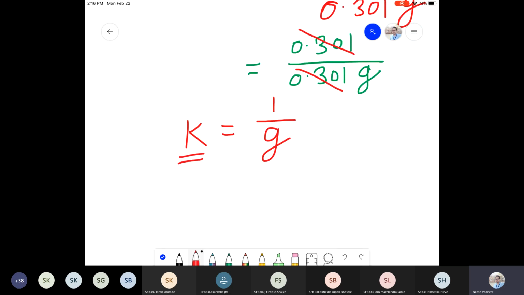Okay, this k is growth rate constant. So growth rate constant is reciprocal to generation time. It is indirectly proportional to the generation time, or reciprocal, not proportional.